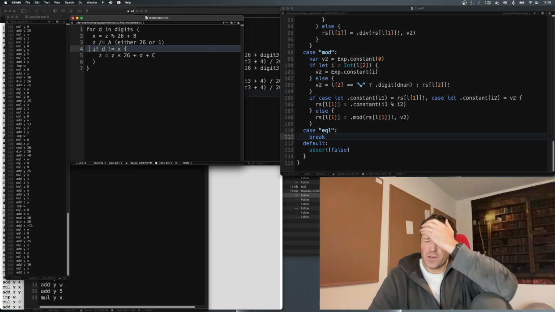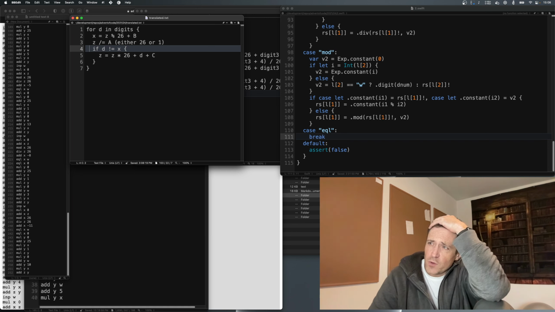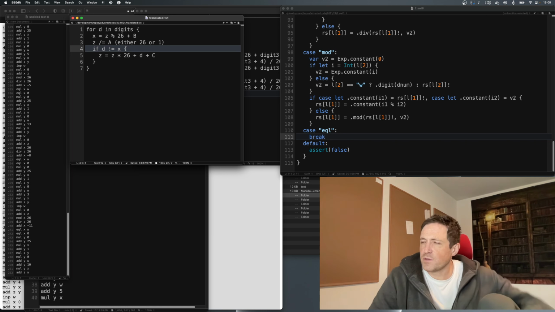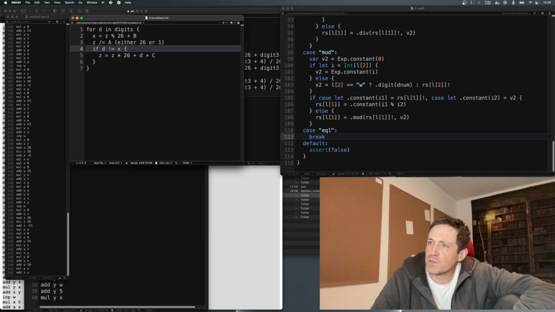Well, so we effectively have 4 lines of code. The trick is now how do we reverse those 4 lines of code, right?